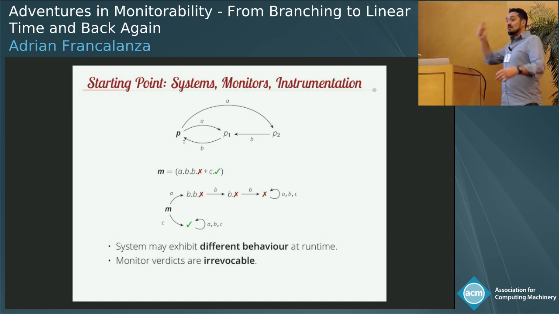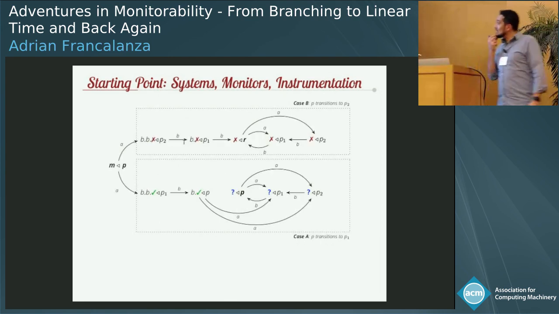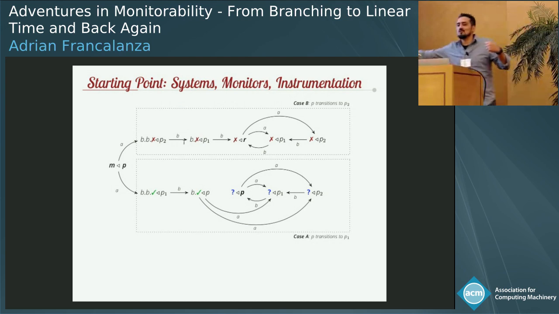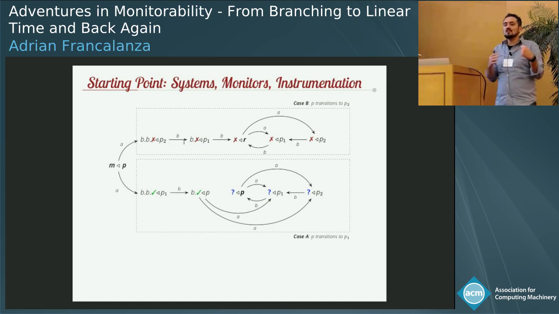Okay, so if you have the system and you have a monitor, how do you have runtime executions or monitored executions? Essentially, it is through a process called instrumentation. The key idea is that the monitor is not allowed to see the internal state of a system. What the monitor does is just let the system execute and follow it.